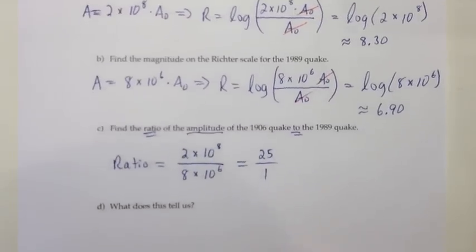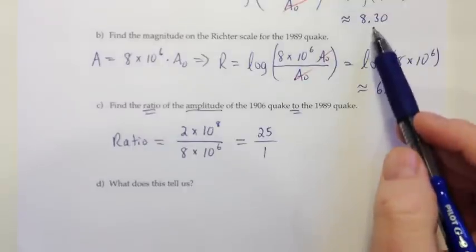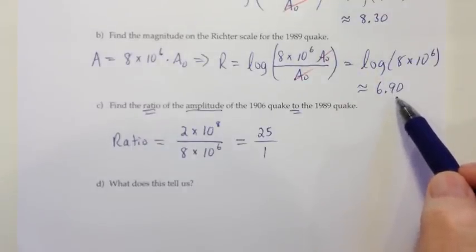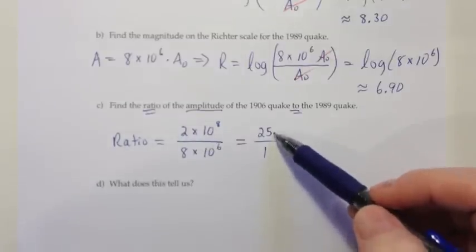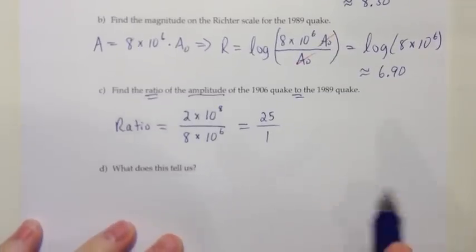And then what does that mean? I would take that to mean that an 8.3 magnitude earthquake compared to a 6.90 magnitude earthquake actually is 25 times stronger. So what does this tell us?